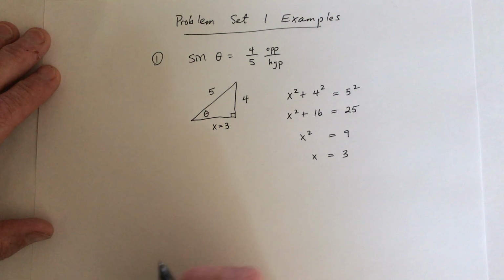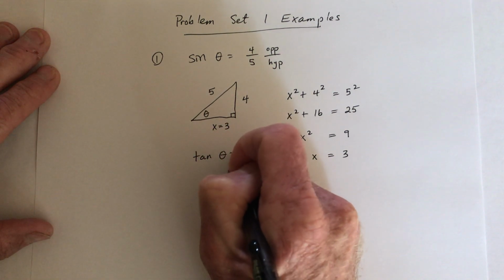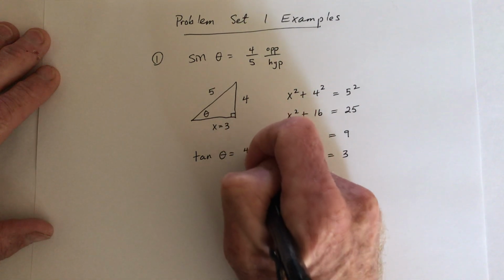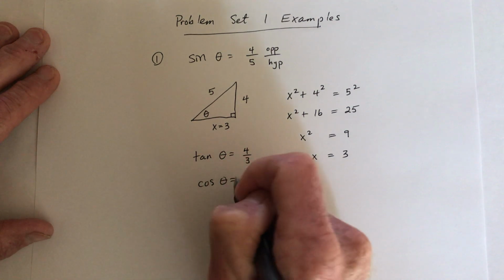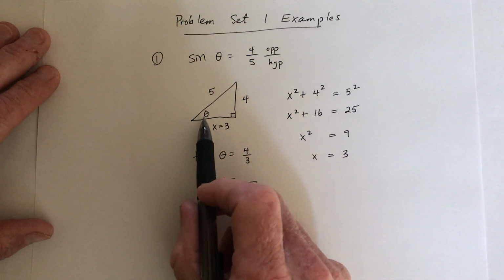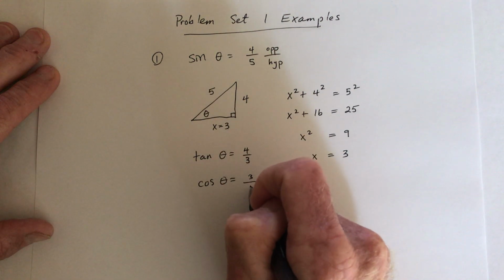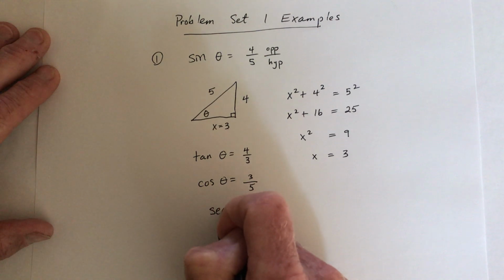And then you could find whichever trig function you want. So tangent of theta would be opposite over adjacent. Cosine of theta. Cosine is adjacent over hypotenuse, 3 over 5. Let's see what else. Secant of theta.